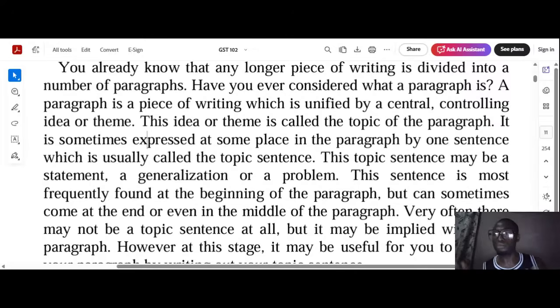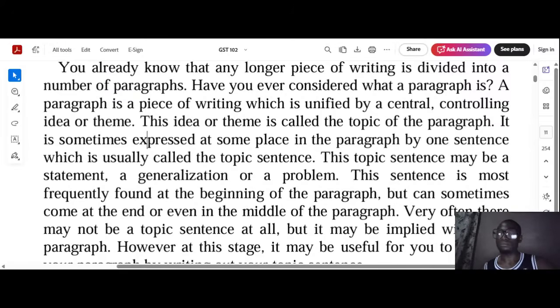We are going to use several examples. I'll give you several homework to check how to professionally write a paragraph, to know if you have entered another idea or you are still on that idea. So a paragraph, on the last note, is a piece of writing which is unified by a central controlling idea or theme. I want everybody that is here now to type that.